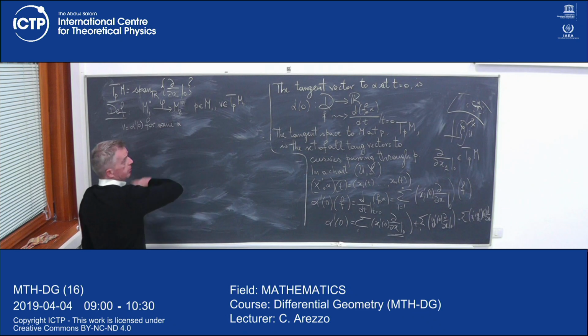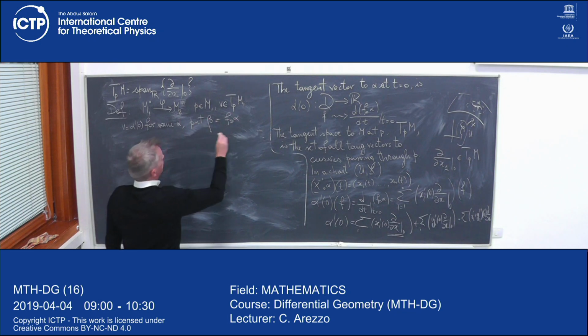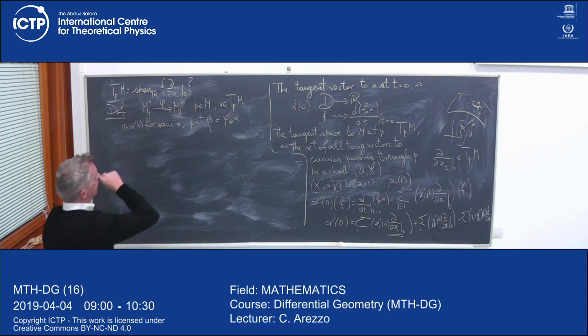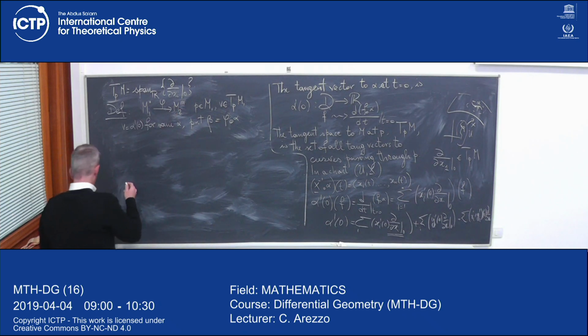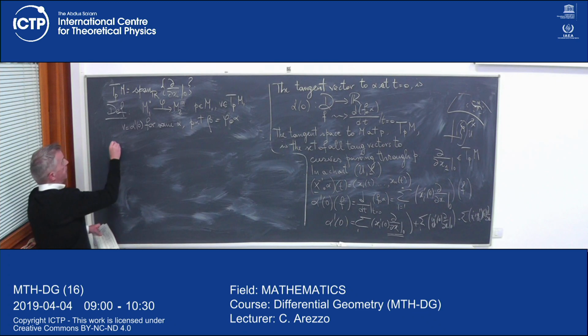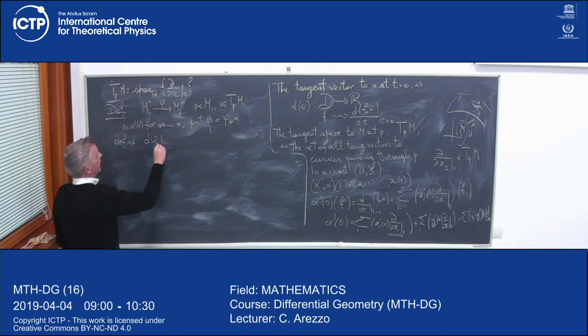And then, as we did already for surfaces, put beta to be phi composed alpha. This is now a curve by composition. So I can look at beta prime at 0, and I define it immediately as the differential of the map applied to the vector v.